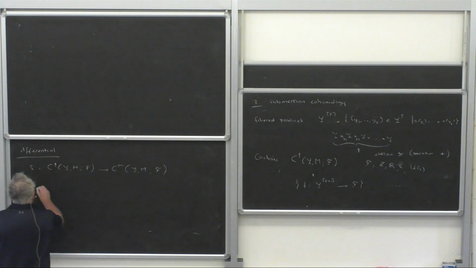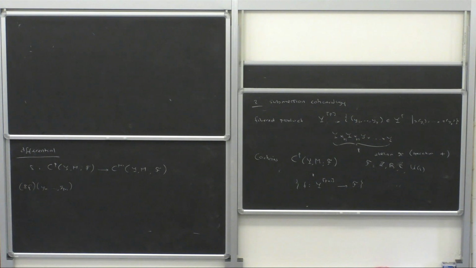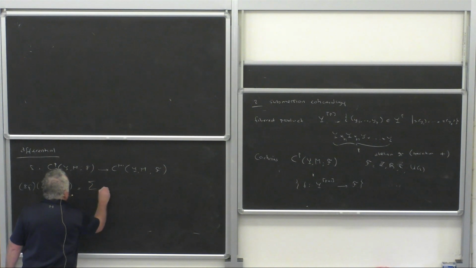So I have to tell you how it acts on p+2 variables, which for convenience are labeled from 0 to p+1. And, well, the formula is not that hard.